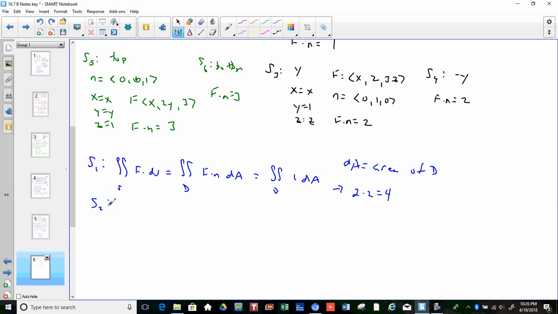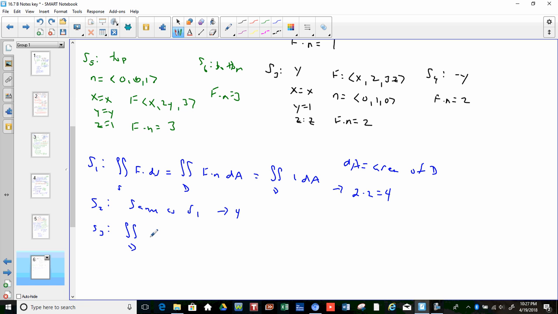S2 is going to be exactly the same as S1, and that's because they both have the same f dot n right here. So that's also going to be 4. S3, same idea, and you can see how this is probably going to go pretty quickly.